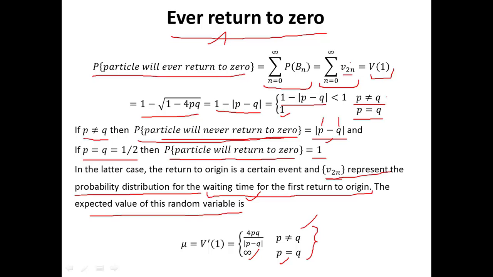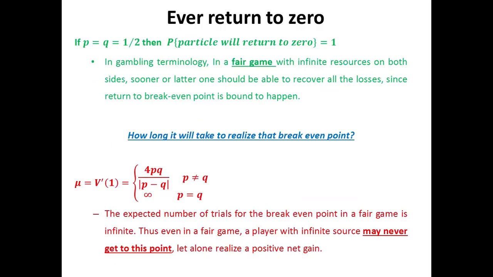Now based on all this discussion, we can further understand this random walk model by considering this particular example. Let us consider that probability of success equals probability of failure. It means both should equal half. Under this scenario, we have just determined that the probability that the particle will return to 0 equals 1.